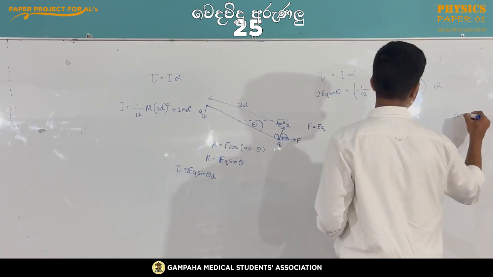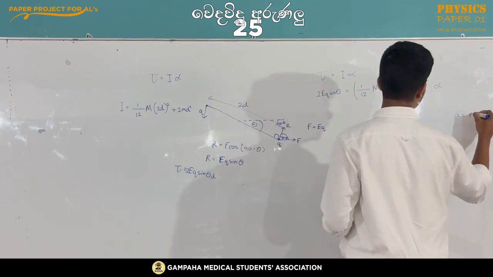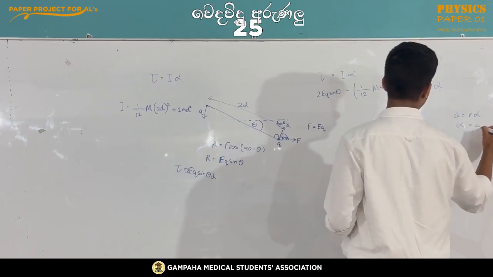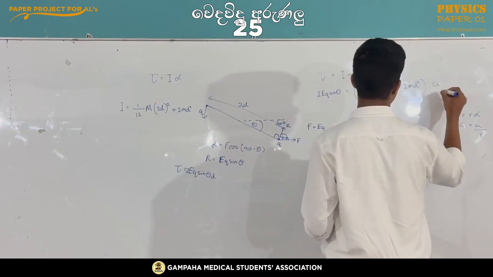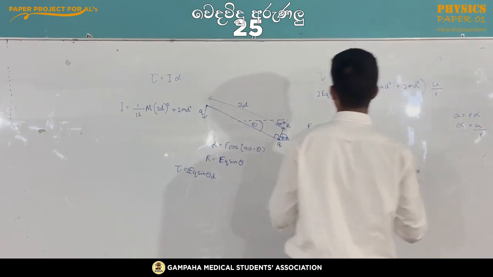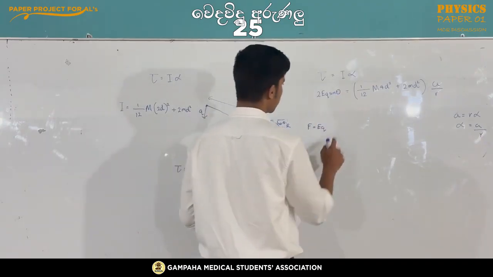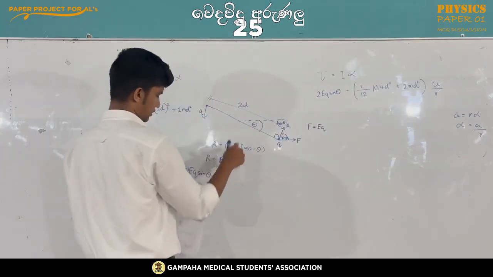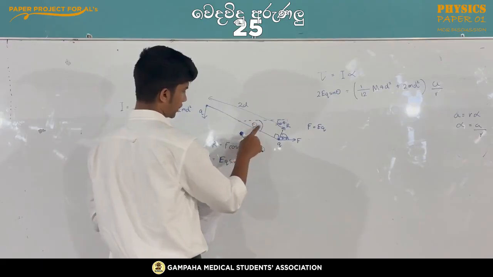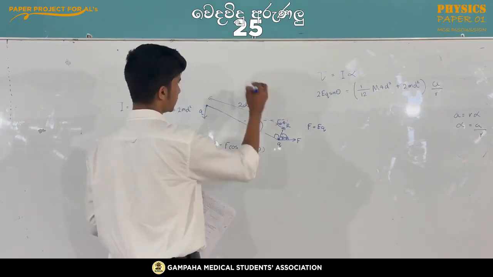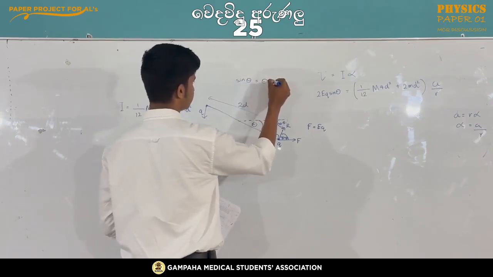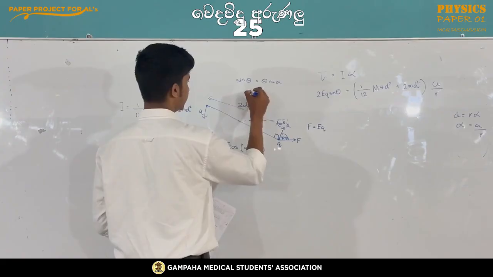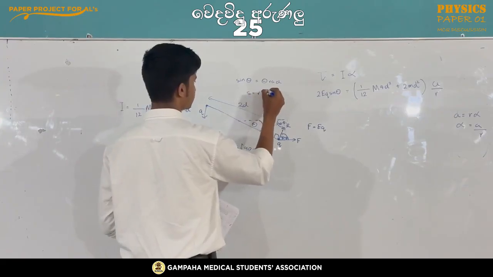Now we know that a equals R alpha. So alpha is equal to a over R. Then instead of alpha we can write a over R. And then here, since they have mentioned that this is a small inclination, for small angles we can consider that sine theta is equal to theta rad, and we know that s equals R theta.